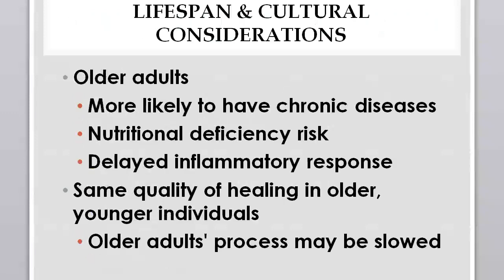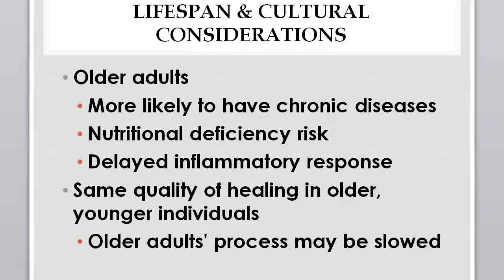And again, looking at lifespan and cultural considerations, older adults are more likely to have chronic diseases. A lot of these complications will depend on a person's nutritional status, because when they have deficiencies in their nutritional intake of certain proteins, carbohydrates, and vitamins, they're more at risk.